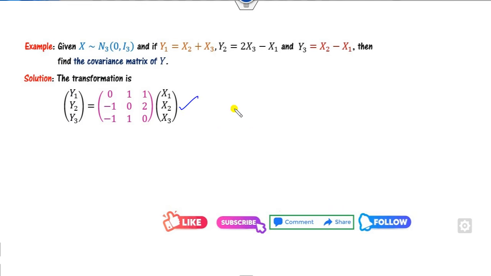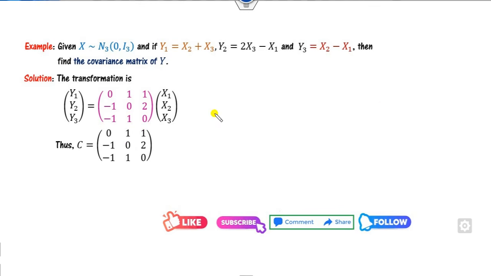Now you can see that if you compare this equation with y equals bx, it is the same. This will be my b, or if you want to write another letter, say c, then this will be my c. That is basically my linear transformation.